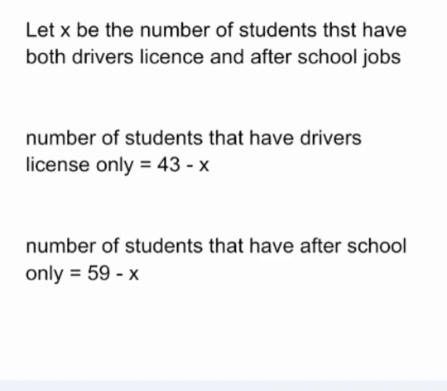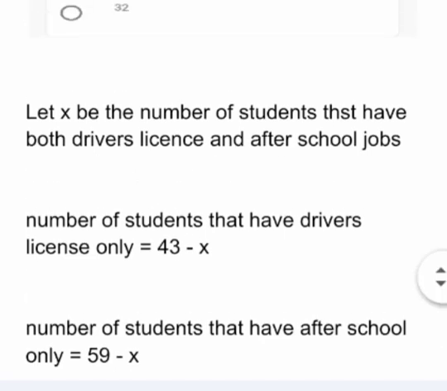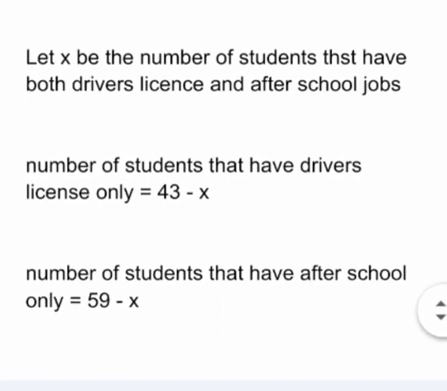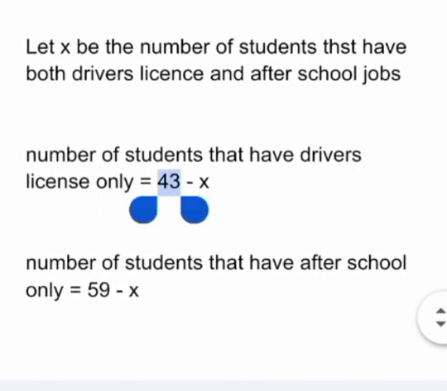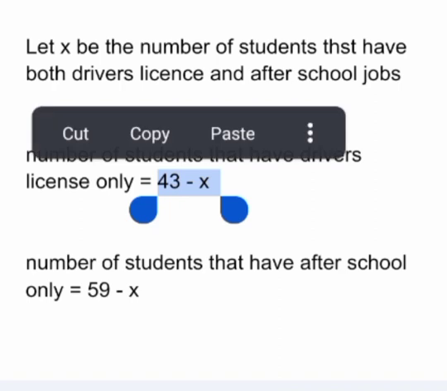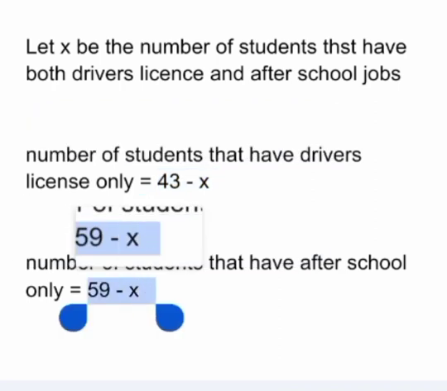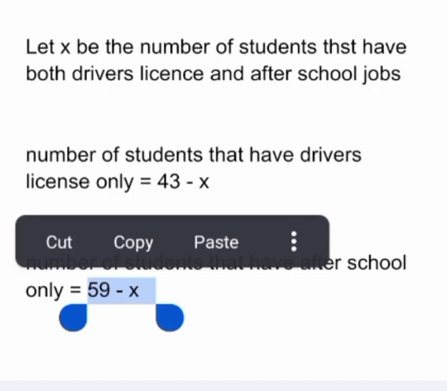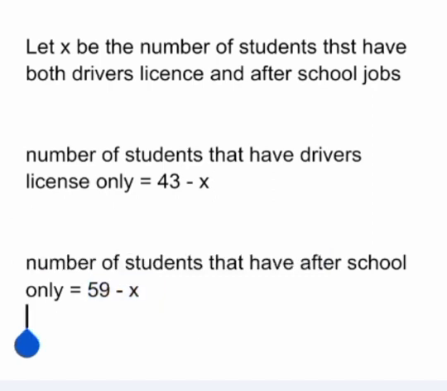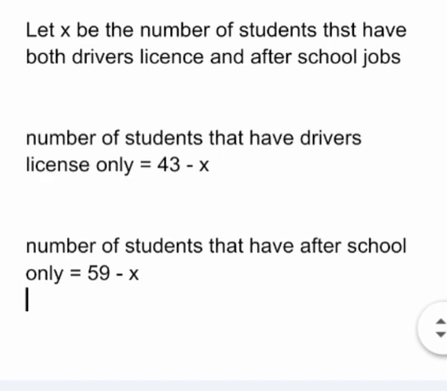By this, the sum of those that have only a driver's license, plus those that have only an after school job, plus the intersection, will be equal to the universal set, which is 75.